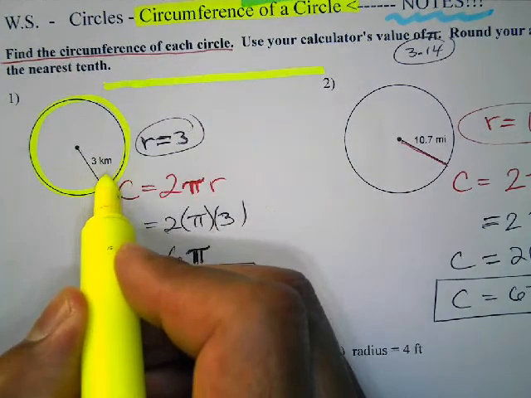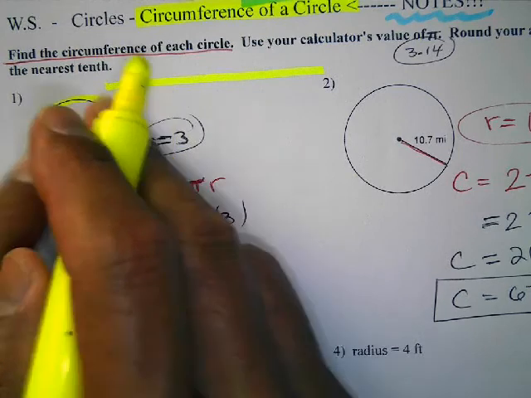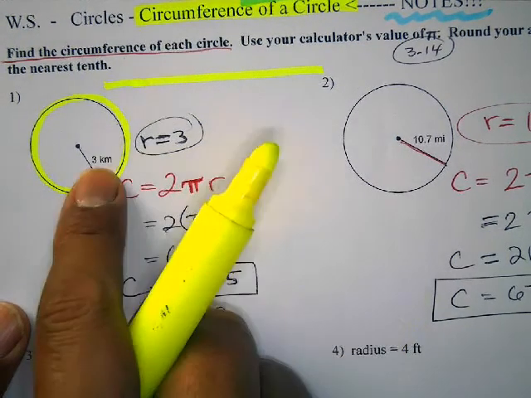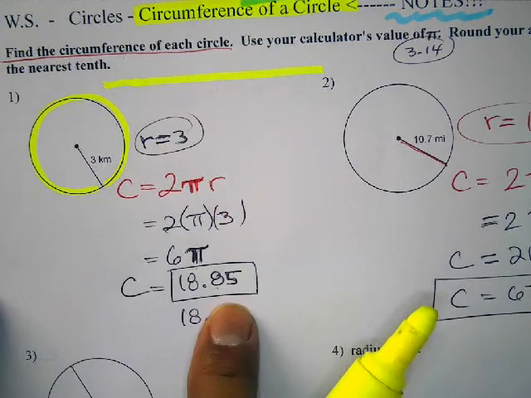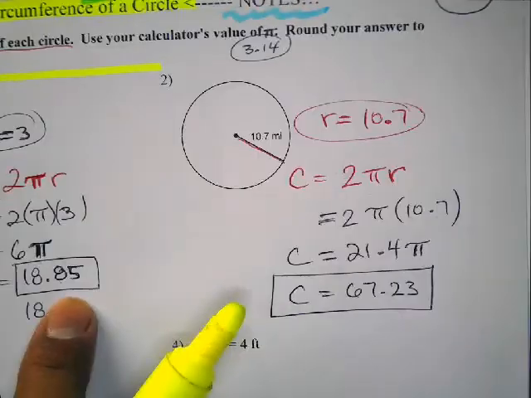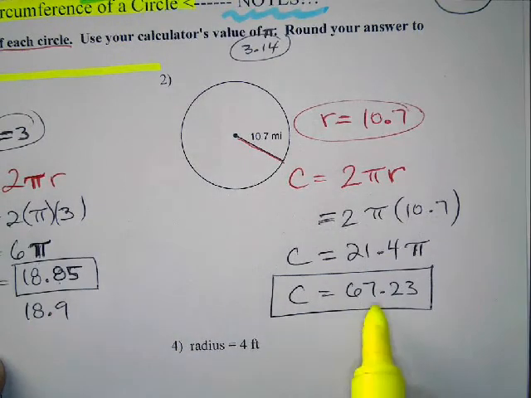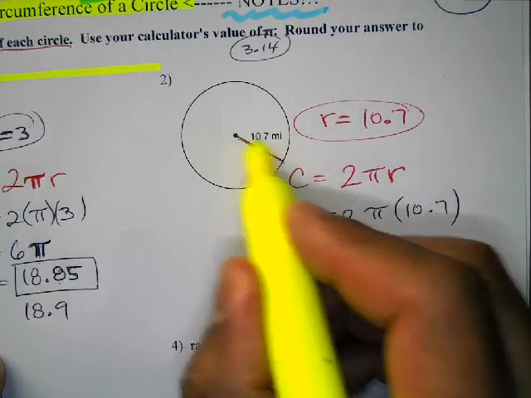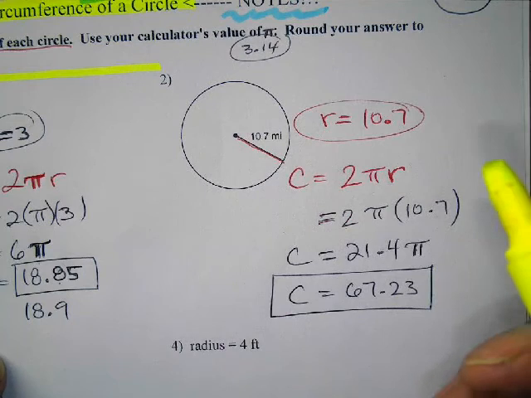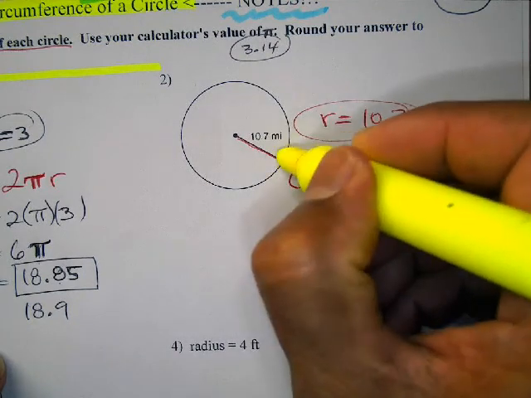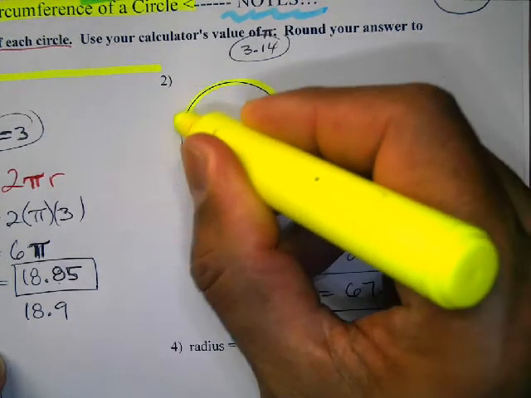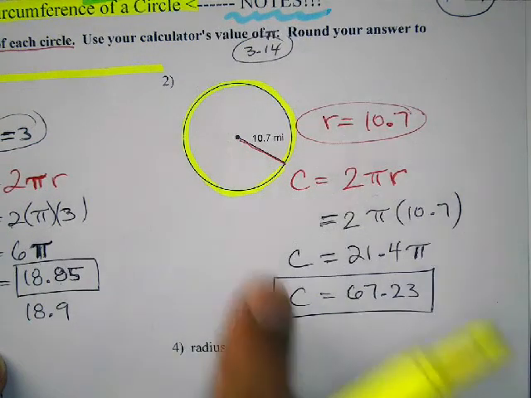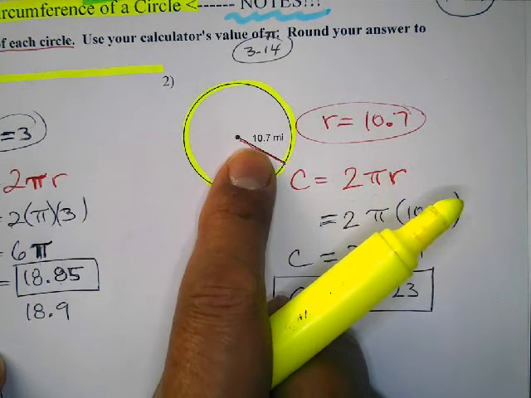you think that's enough? If this circle was a string and I were to make it straight and measure it, that's how much it would measure. Well, for this one in kilometers, it would be 18.85 kilometers. Same thing over here. What does this number mean? Well, if there was a circle with a radius of 10.7 miles, I'm looking at the whole distance around, right?